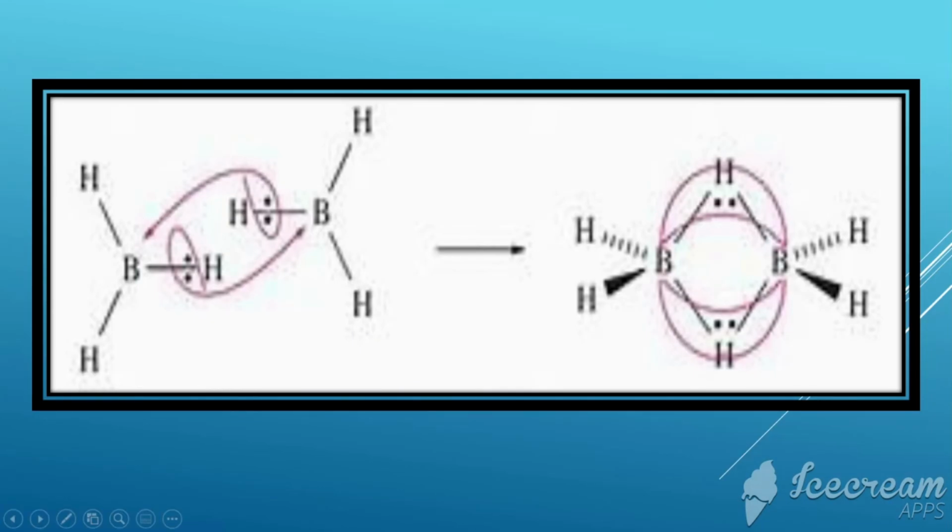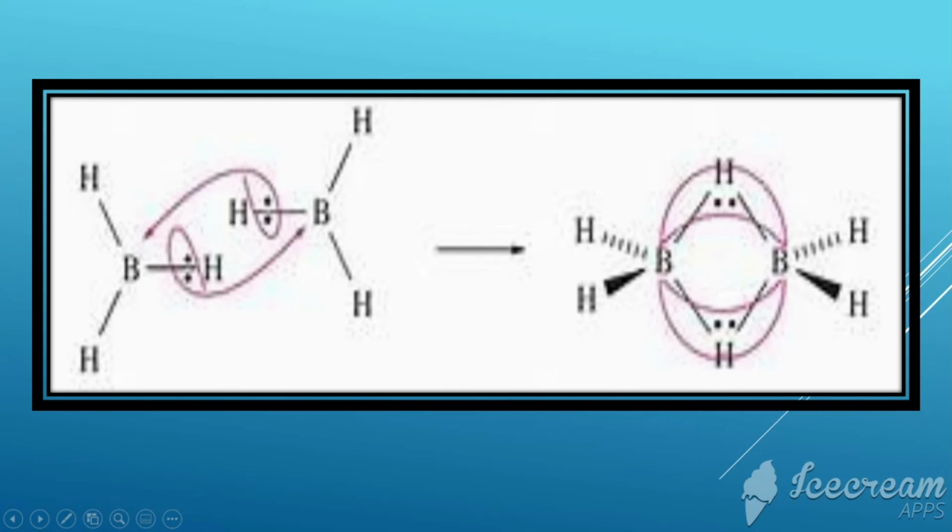It is a very interesting example, because boron is making covalent bond with hydrogen. Boron belongs to third group having 3 electrons that can make 3 bonds. When it makes 3 bonds, it has an incomplete octet. It has a deficiency of 2 electrons.